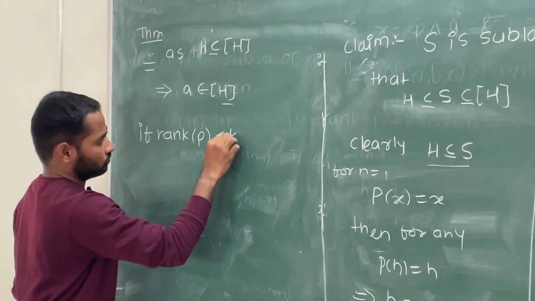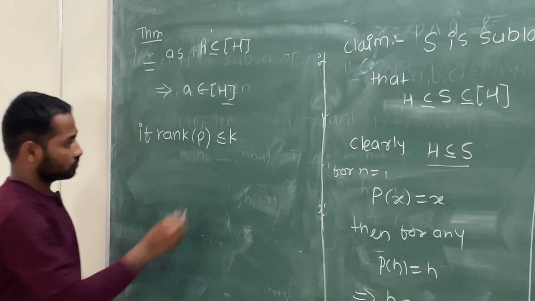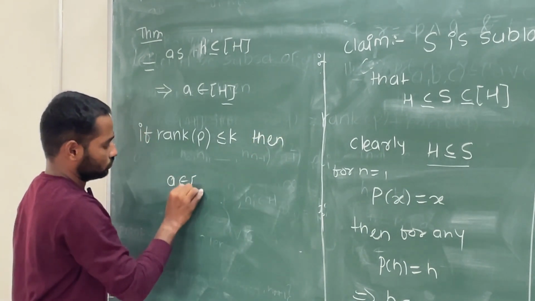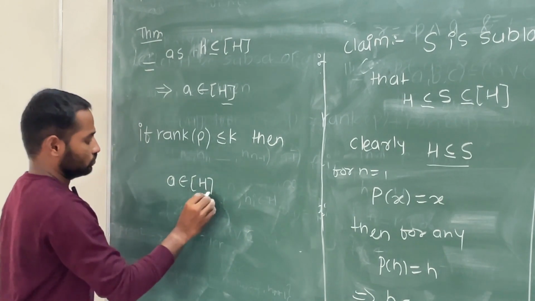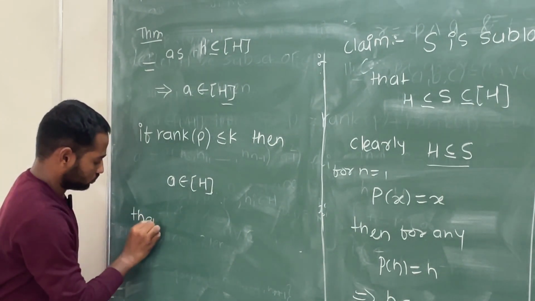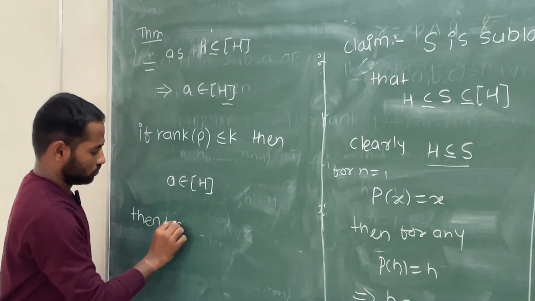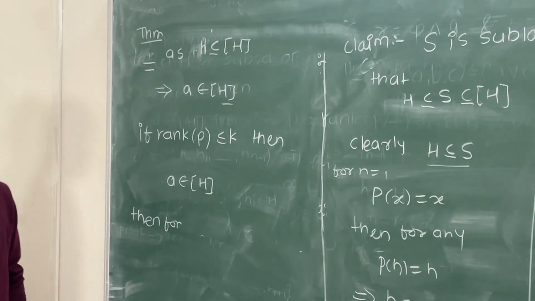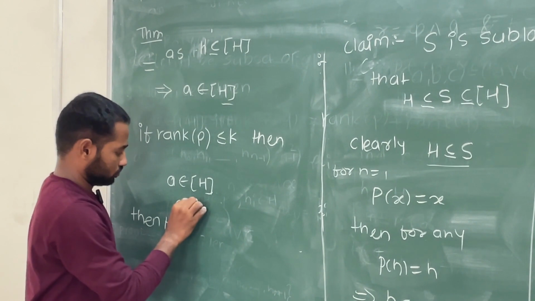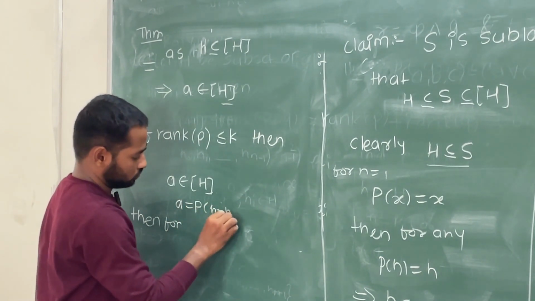Any polynomial, if rank of the polynomial is less than or equal to k, and if a is equal to P of that value, then a belongs to square bracket of H. A belonging to H means a is equal to P of h0 up to hn minus 1.